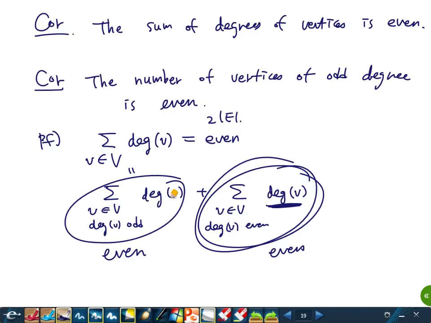You add odd numbers several times, and if the output is even, that means the number of terms is even. That means the number of odd vertices is even. That's the proof. So from this, the number of vertices of odd degree is even.